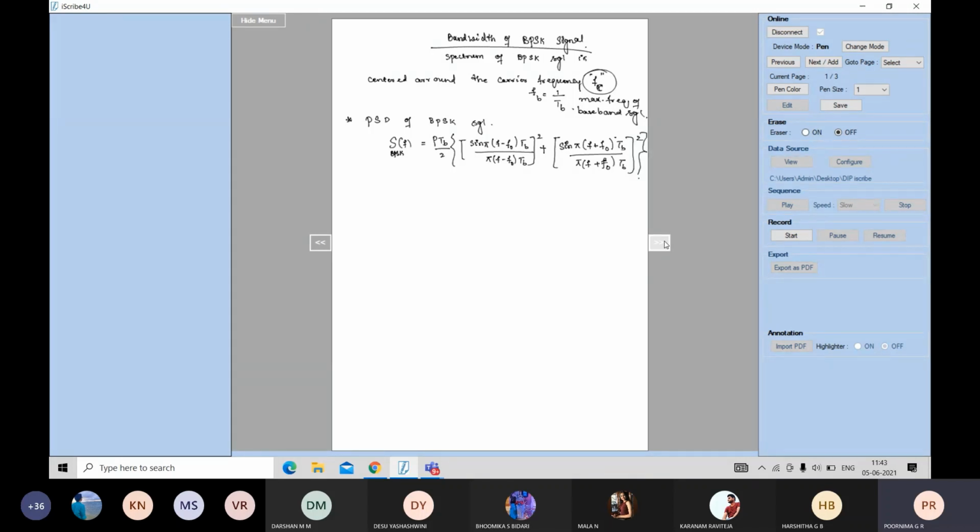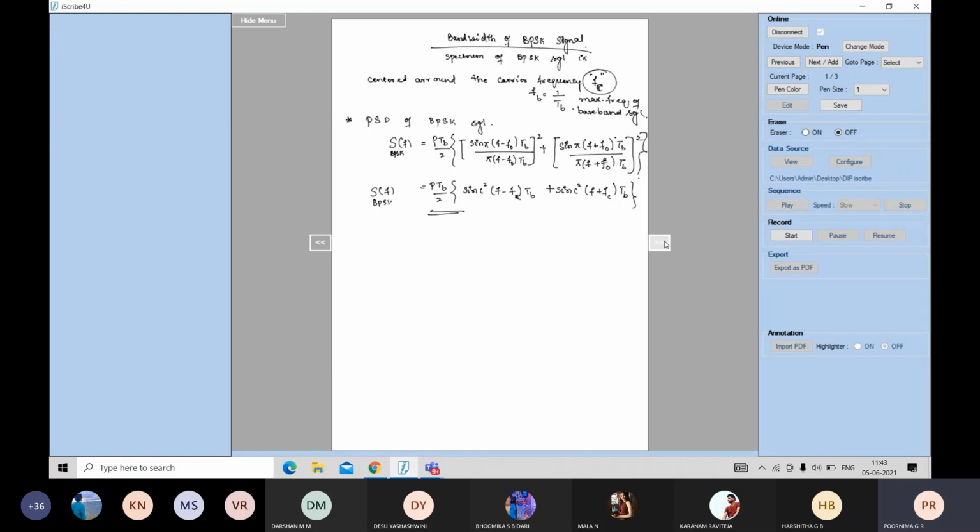Simplifying further, P into TB by 2, with sin pi theta by pi theta being sinc, gives sinc square (F minus FC) into TB plus sinc square (F plus FC) into TB. This is the actual power spectral density S of F of your BPSK signal.